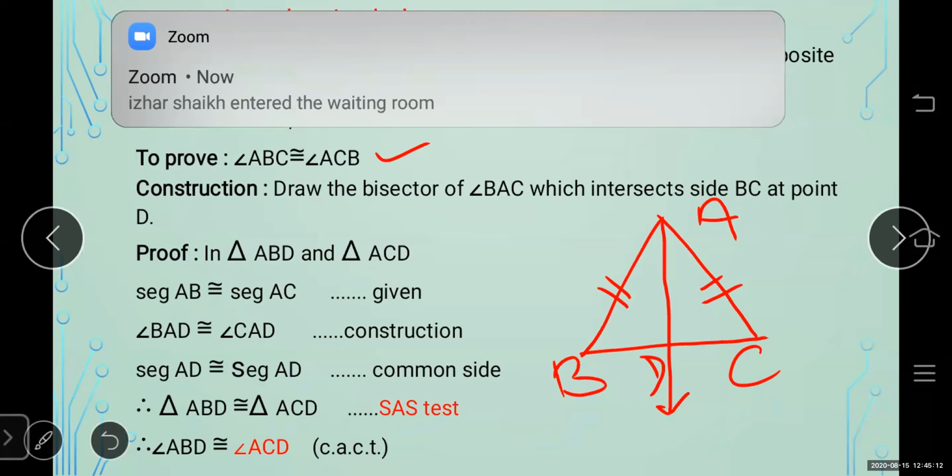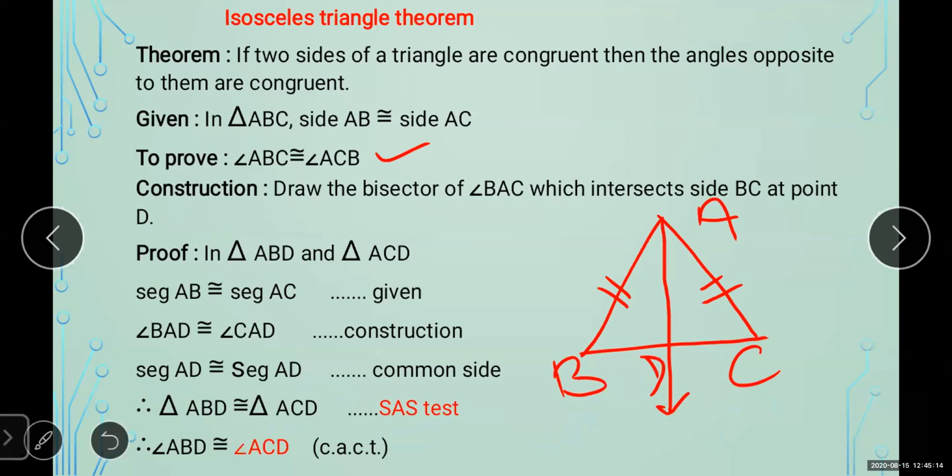Okay. So here we got two triangles now. Which two triangles? ABD and ACD. Now we have two triangles. Okay. And what we can say, AB is congruent to AC is given. It is already given that they are congruent.